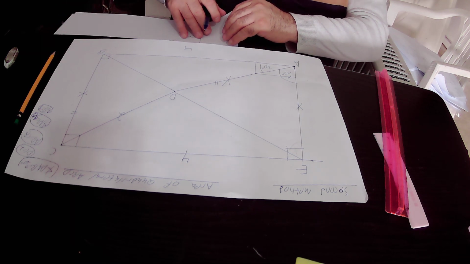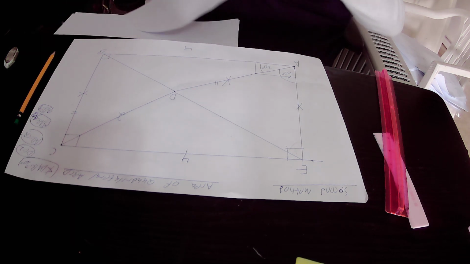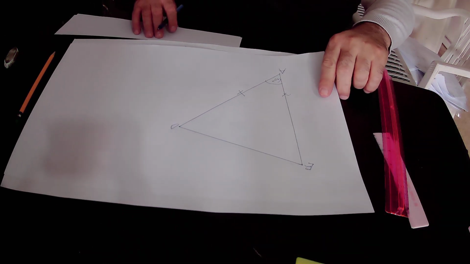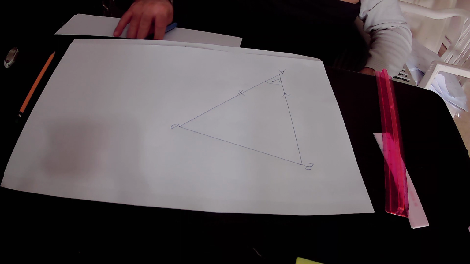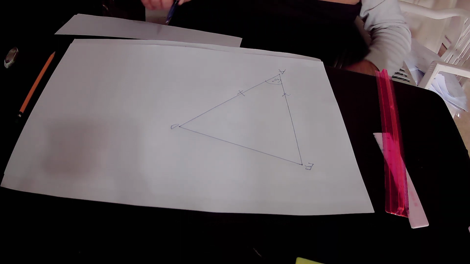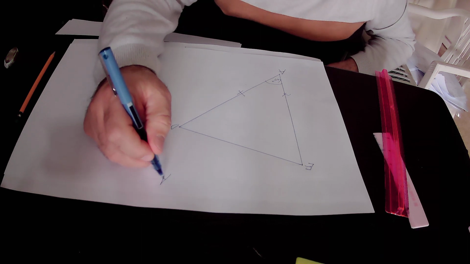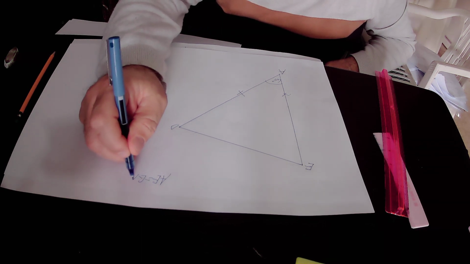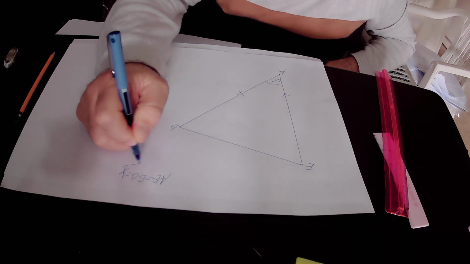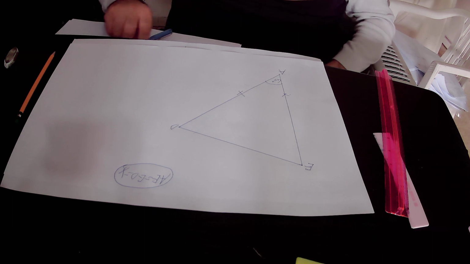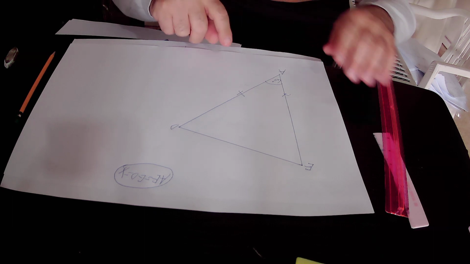So this is actually triangle AED. In triangle AED we have two equal sides, that is to say AE equals ED equals X, and we know that opposite equal sides in a triangle there are equal angles.